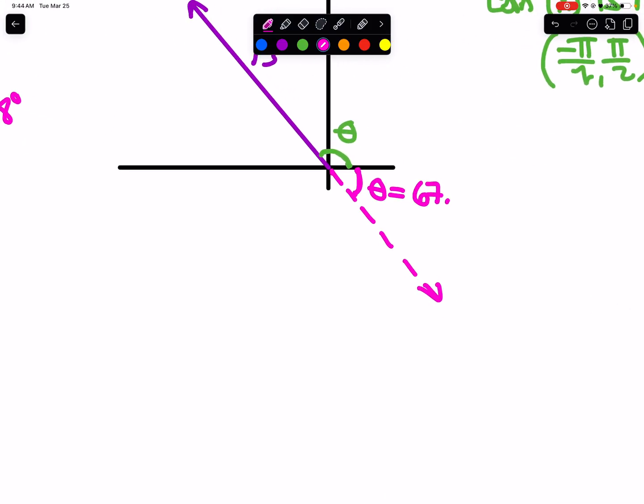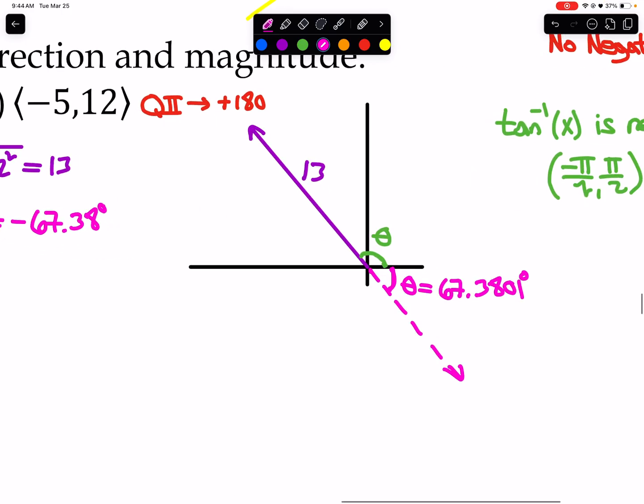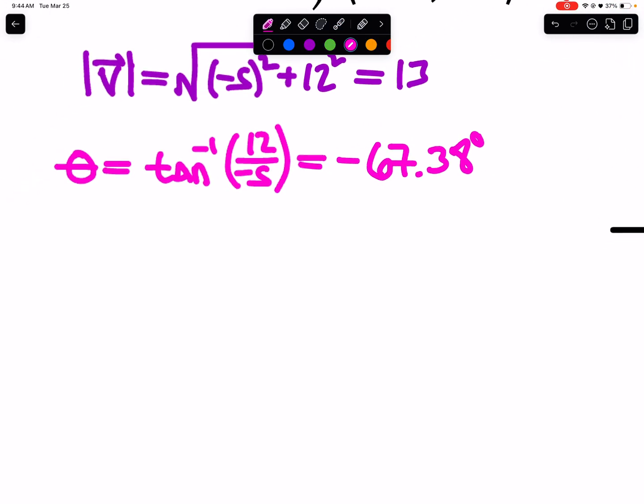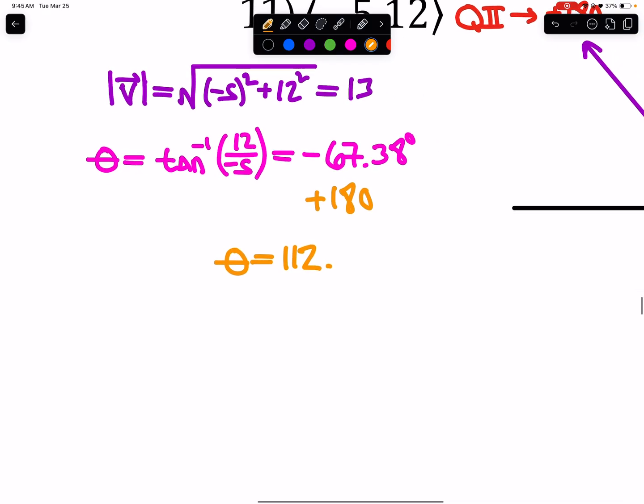So 67.38, I'll do the 01, why not? So that's why when we're in quadrant 2, we need to add 180 so that we can actually put it back over here. So really, when I add 180, my angle is actually going to be 112.61986.